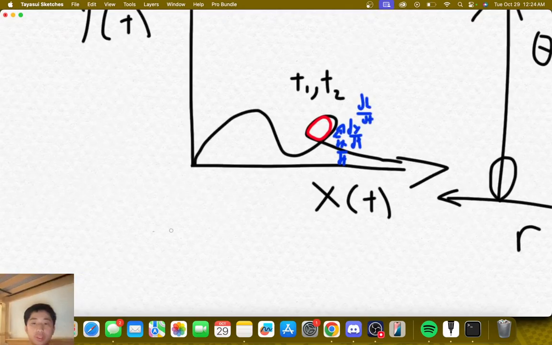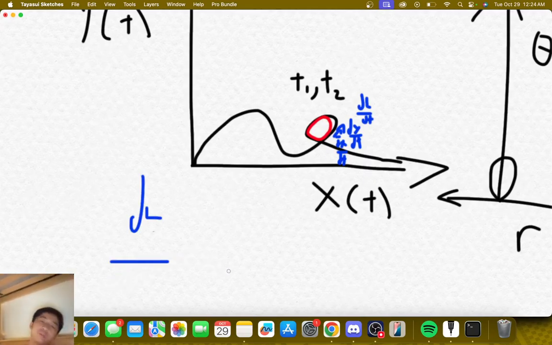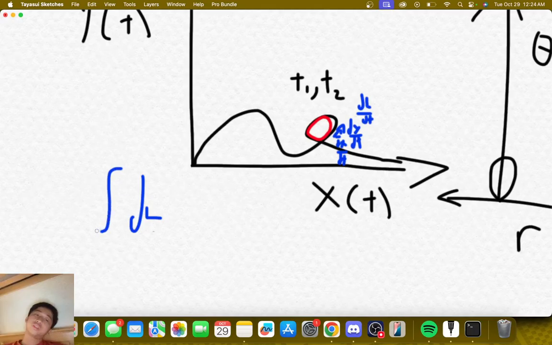So, because they share dt, you write the equation dl over dt. I think you get it, that you took the integral. I need to turn this music off.